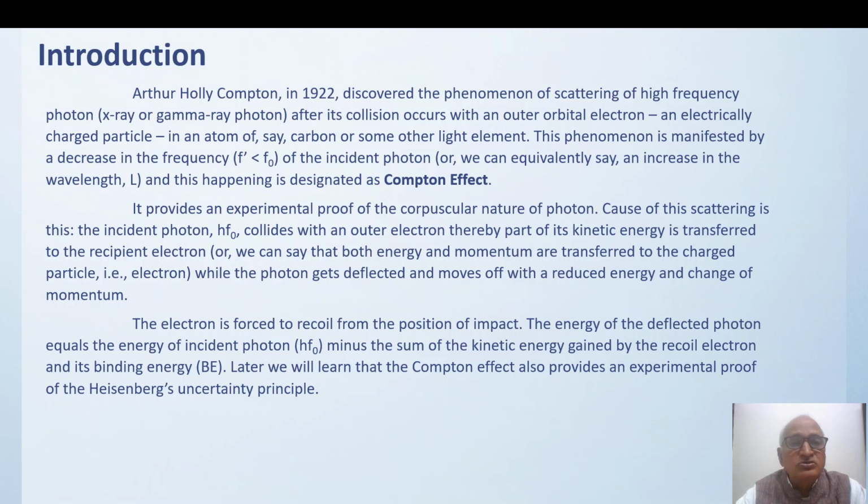If we want to say the same thing in terms of wavelength, we can say there occurs an increase in the wavelength. When we say frequency, there occurs a decrease in frequency. But when we say wavelength, there occurs an increase in the wavelength. This is designated as Compton effect.